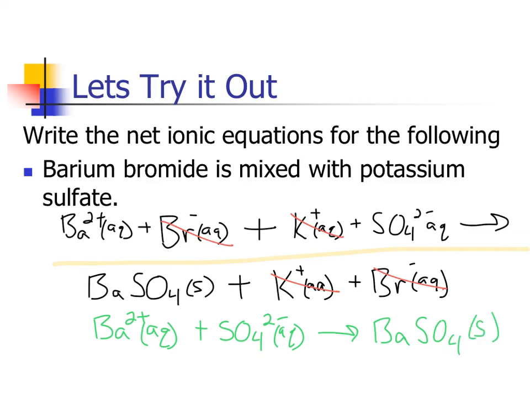And everything else are spectator ions. And so we'll look at this. And from here, we're going to start getting into looking at some acids and bases and some molarity calculations as well. So we also have some other types of equations, single replacement reactions as well, that we still have to go through as we move through this unit.